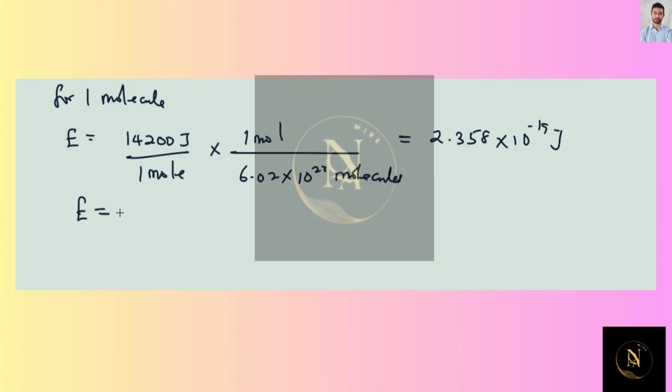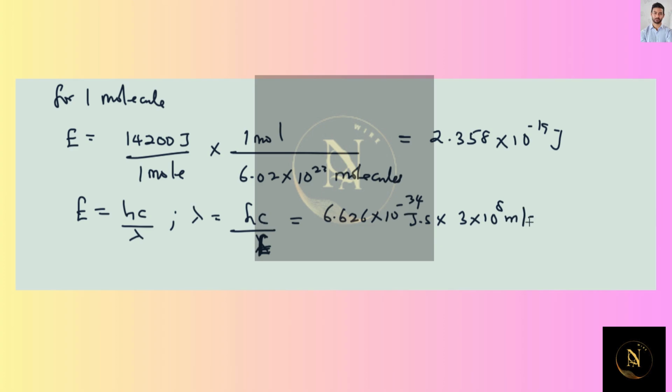So then we can calculate wavelength because we know the relationship between wavelength and energy. Therefore, E equals hc over lambda, so wavelength equals hc over E. That will be equal to 6.626 times 10 to the power minus 34 joule-seconds times 3 times 10 to the power 8 meters per second, divided by 2.358 times 10 to the power minus 19 joules.